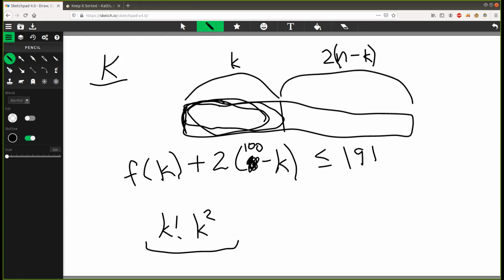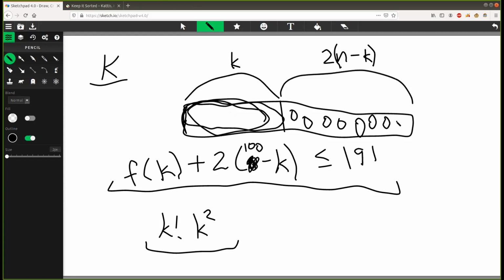But I find the smallest number of operations it takes. And k satisfies this inequality, so I can do the normal insertion sort thing to insert the rest of them in. I was fortunate enough that this f of k satisfies the property for somewhat small k, I think I used 8.